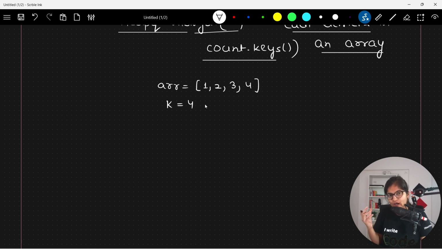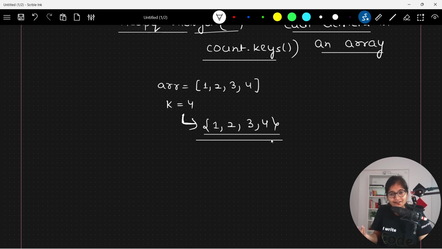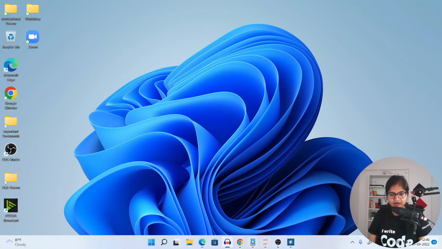At that point of time, what is the output? The output will be the array itself. You can simply return 1, 2, 3, and 4, because the length of the array, n equals 4, is equal to the value of k, which is 4. If both are equal, you can simply return the array. Okay, so this is fine.